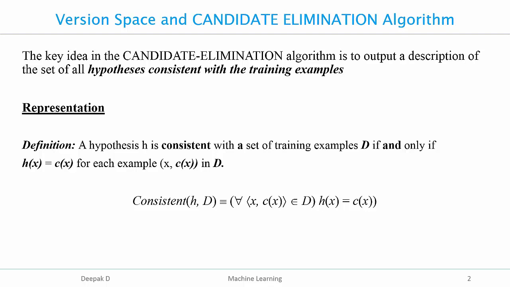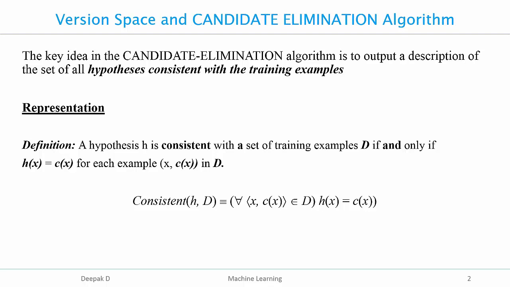In concept learning, we have a second approach, that is the candidate elimination algorithm. This algorithm will try to address some of the limitations of the Find-S algorithm. Here you know that the Find-S algorithm will output a hypothesis from H, the set of hypotheses, which is consistent with the training examples.